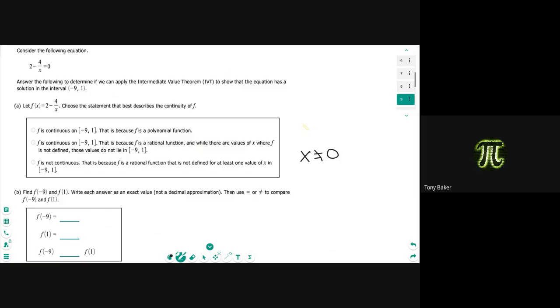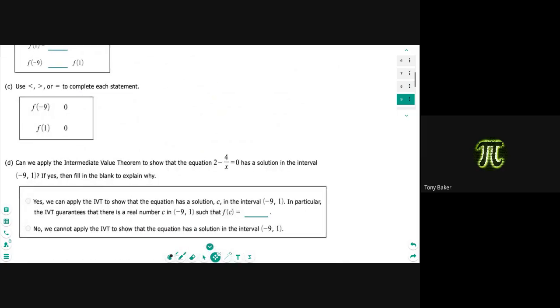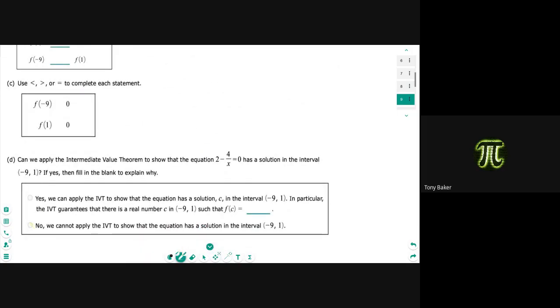And 0 is between negative 9 and 1. So it is not continuous because the rational function is not defined for at least one value in that set. Because of that, we can instantly answer the final question. No, we cannot apply the intermediate value theorem because it is not continuous.